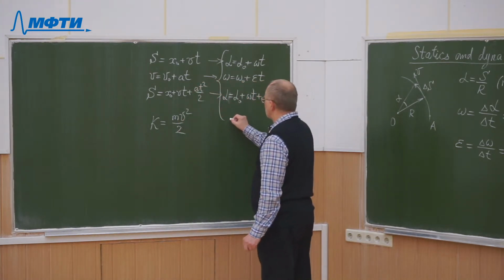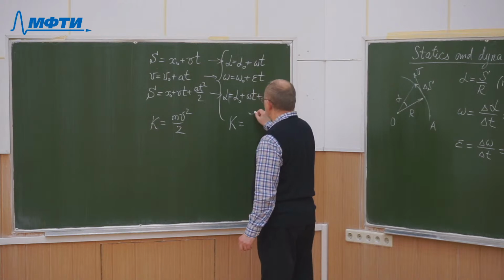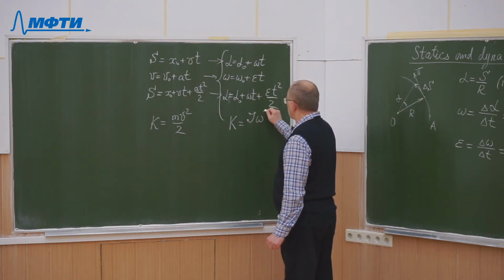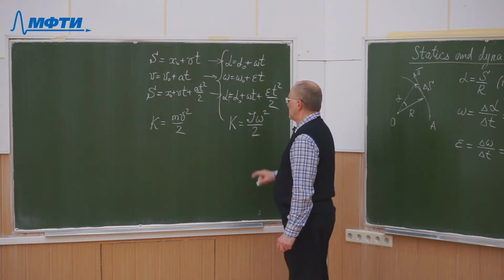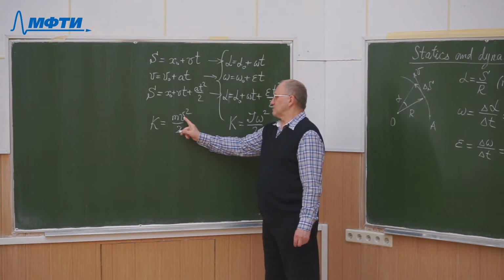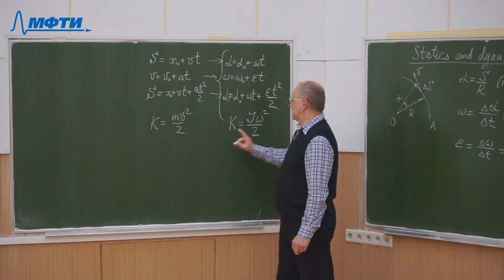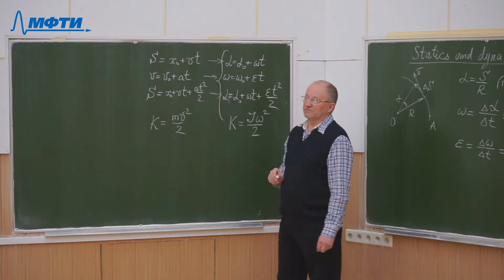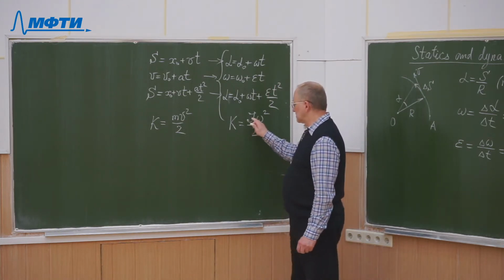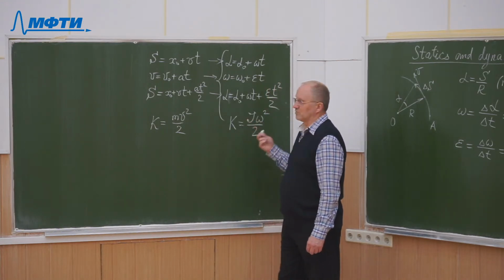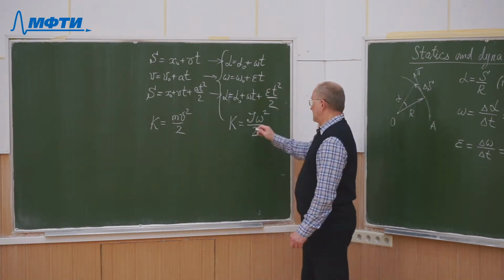In rotational motion, kinetic energy is, as we have shown, moment of inertia times omega squared over 2. So instead of linear, translational velocity, we have angular velocity here, and instead of mass, we have moment of inertia. So moment of inertia describes the inertial properties of a rotating body.